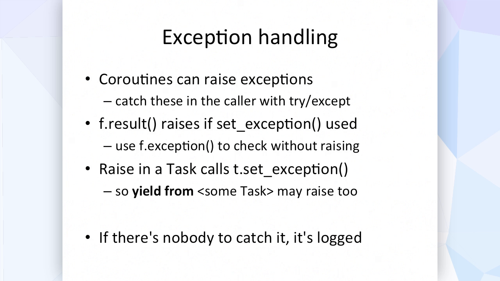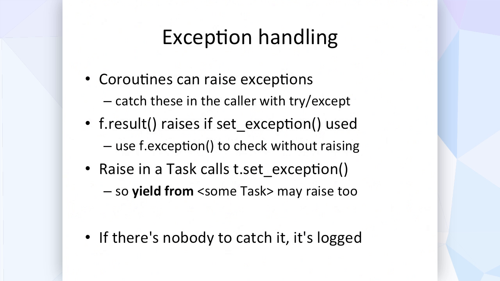And of course, when you're waiting on that task, that exception that you just set will be raised. So in effect, again, the exception bubbles from the coroutine to whatever coroutine is waiting for it. And we arrange for that to also give reasonable stack traces.